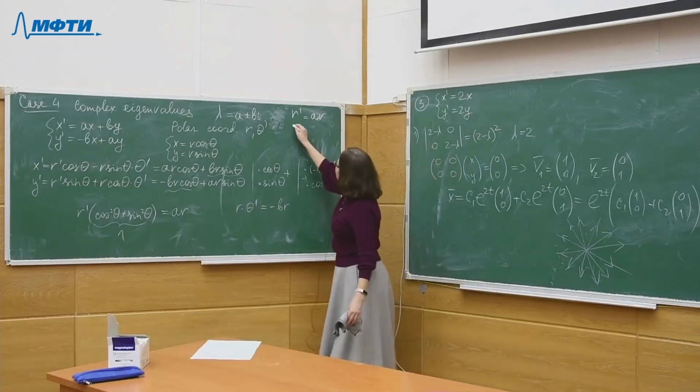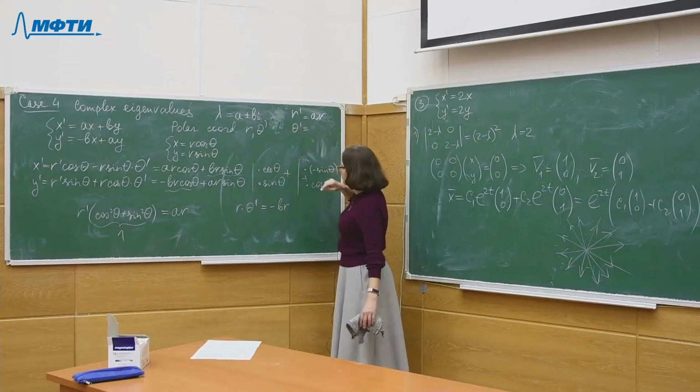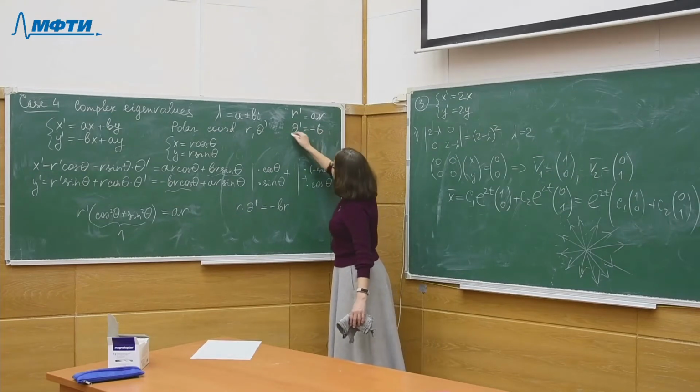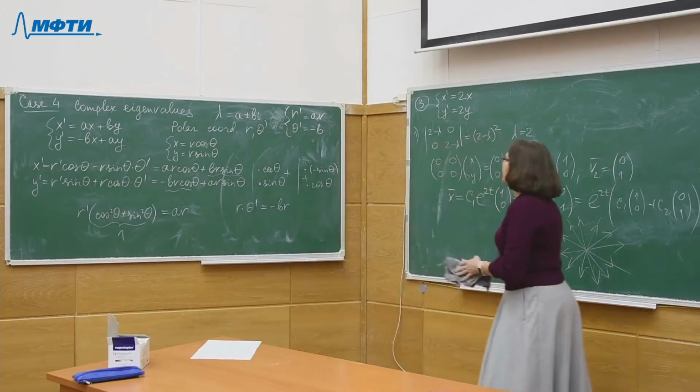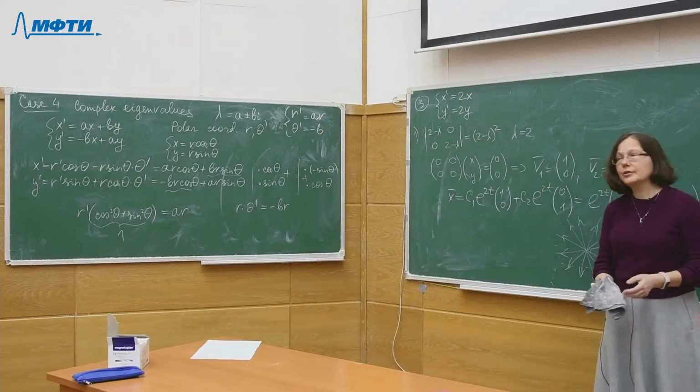So we have the following. The second equation will be theta prime equals minus b. Very easy. So this system of equations can easily be solved.